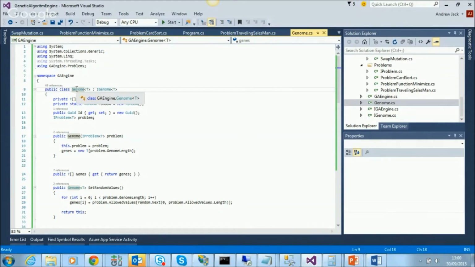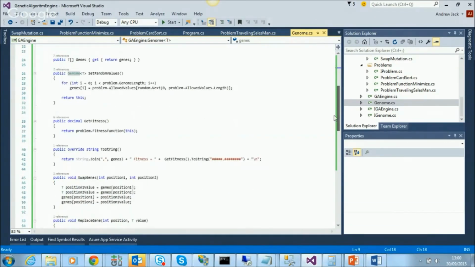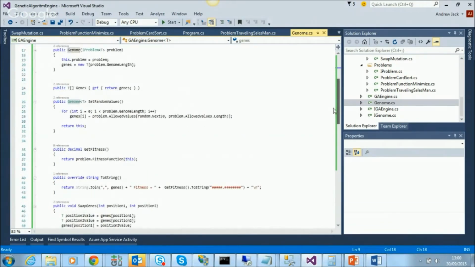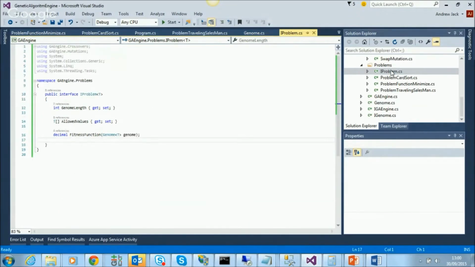So on our chromosome, which we call a genome, we have a function to set random values. That's going to be used when we generate the population. That's basically just going to go through our allowed values. I should probably mention, first of all, what is problem specific?